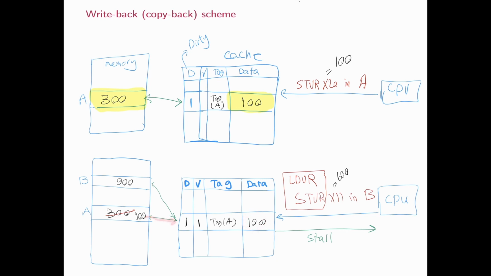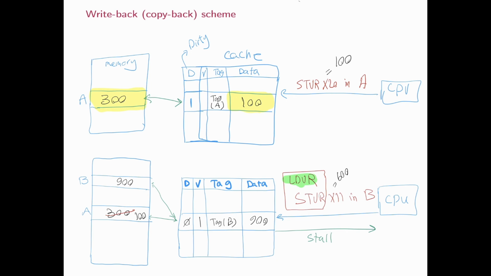I return. Now that I have returned, I can copy the value of B over here. Right, so I set this dirty bit to 0. I change this tag to be tag of B. I copy the value of B here, and my valid bit is a 1. This is what you get if you had a load instruction.